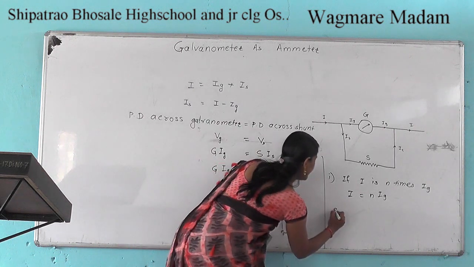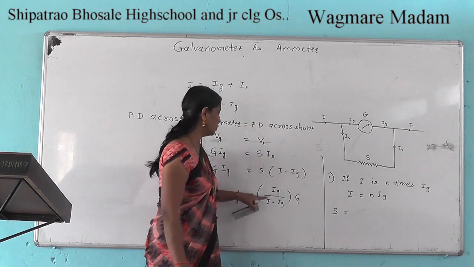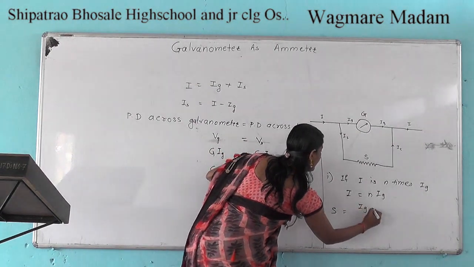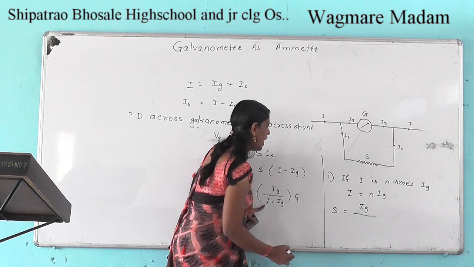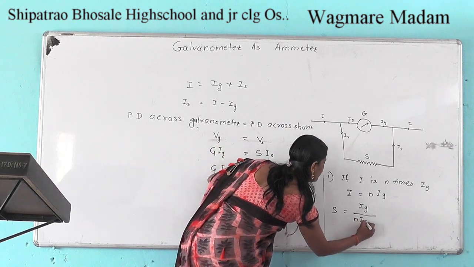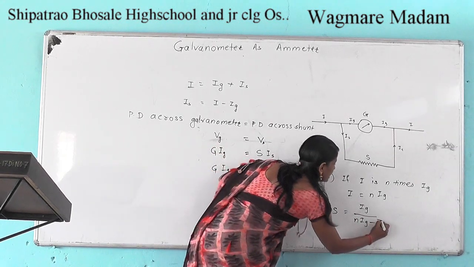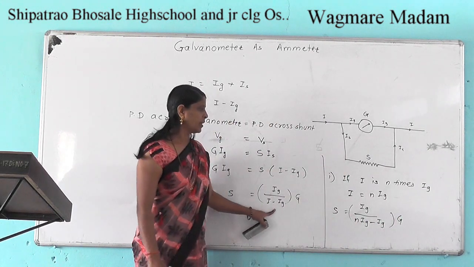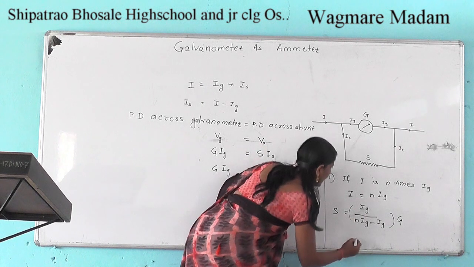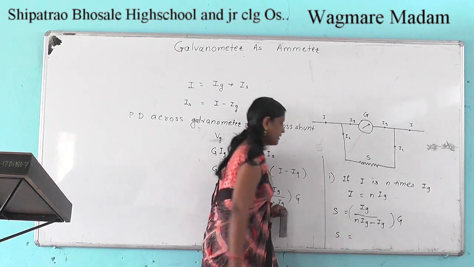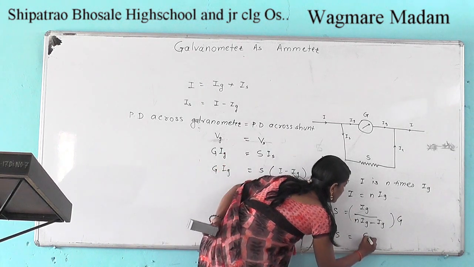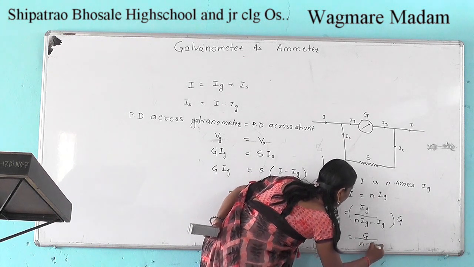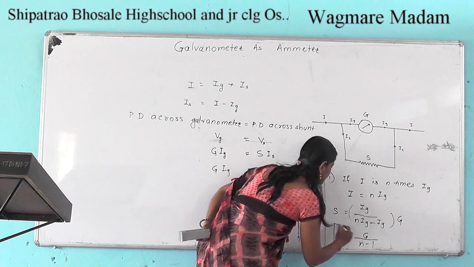Then we can write here S is equal to Ig upon (I minus Ig), where I is equal to N into Ig, into G. Now we can write here S is equal to G upon N minus 1.